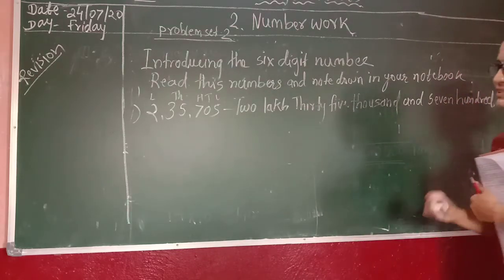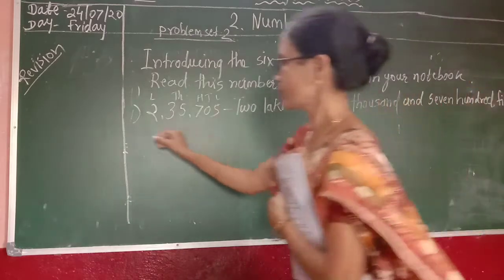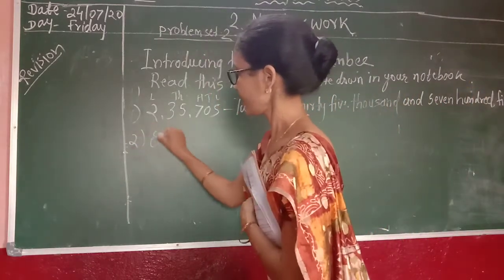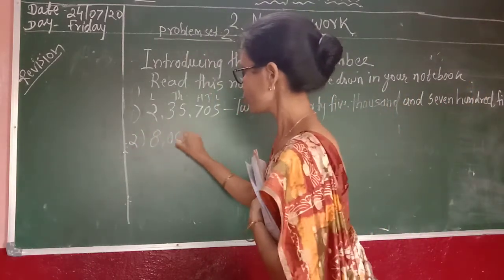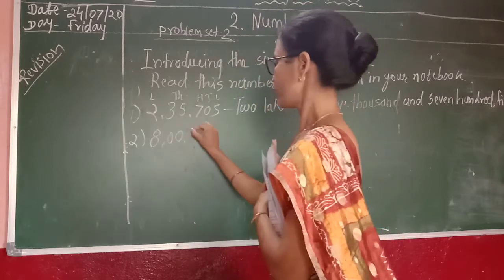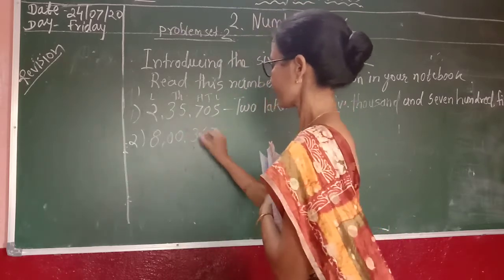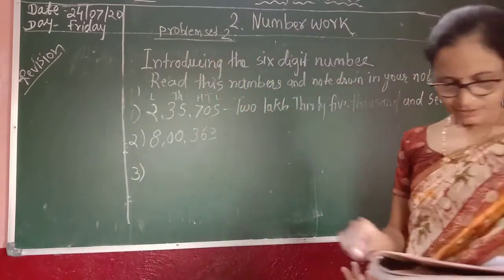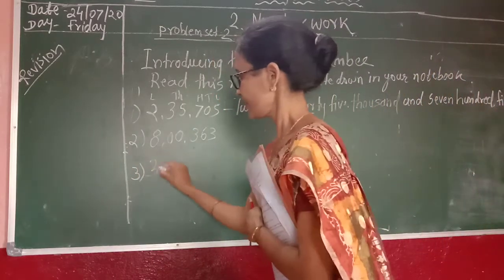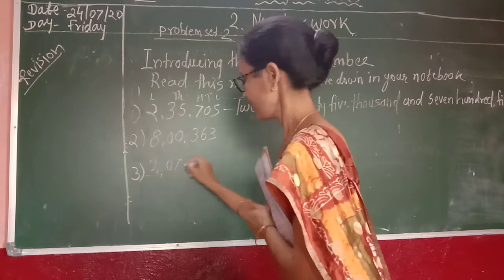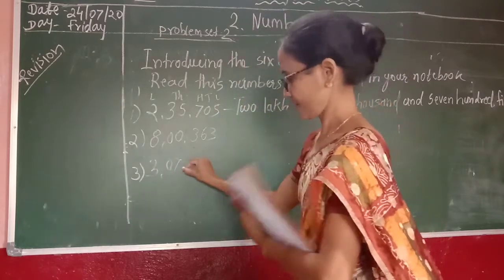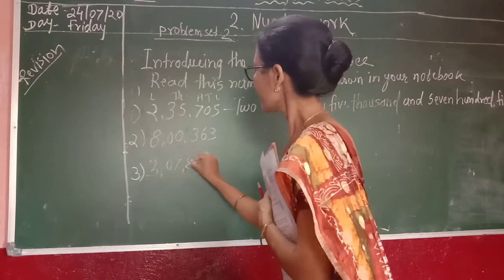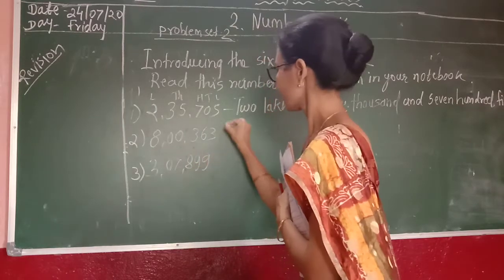2,35,705. Understand? Second number is 8,00,363. Third number is 3,07,899.